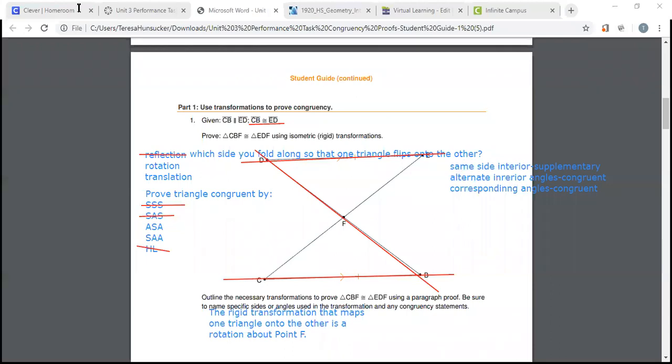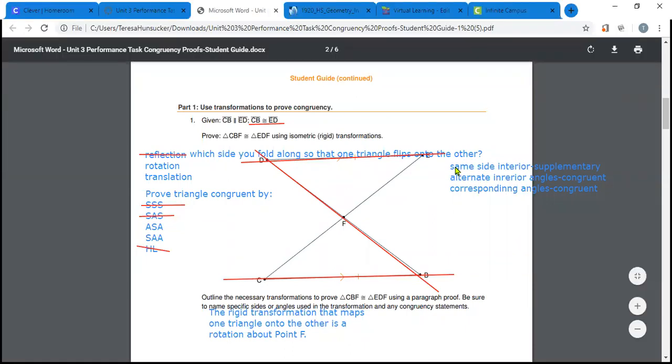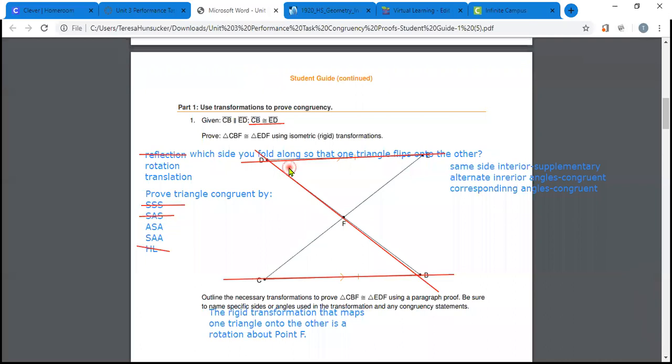Which of the 3 pairs can we find congruent? Well, same side interior angles would have to be angles on the same side of the transversal DB. This is the interior, inside the parallel lines.